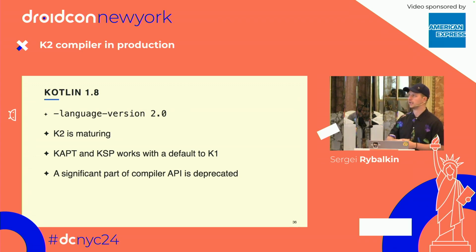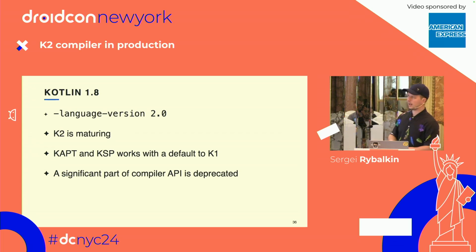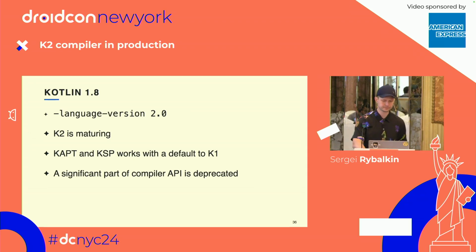It's not giving you as much of the build improvement as you want, but things are good. And a significant part of the compiler API is already deprecated, meaning we can navigate the code with confidence and ship things without having to worry about the deprecation going forward.